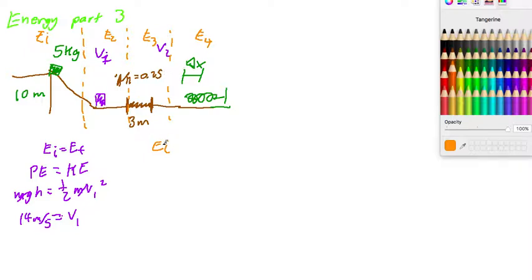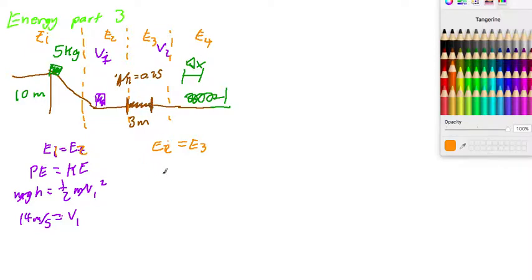All right, so right here, this energy would be energy 2, right? Energy 1. So this will be energy 2 going into energy 3. And then in our energy 3, we have velocity, and we lost some part of energy as friction, right?